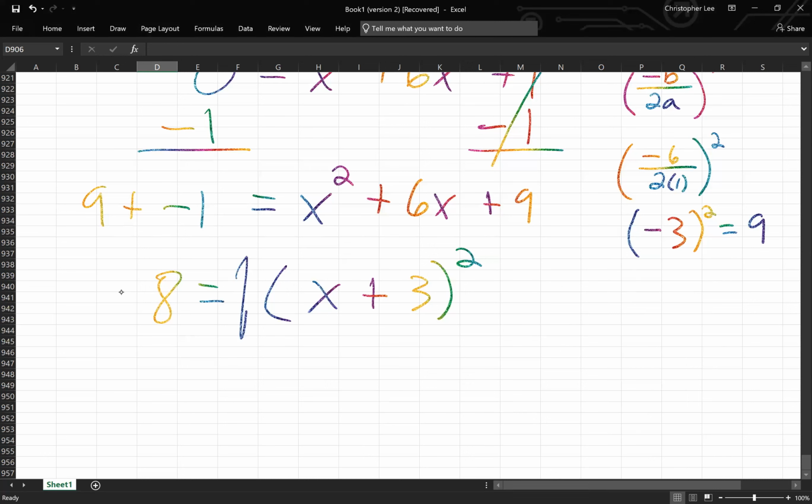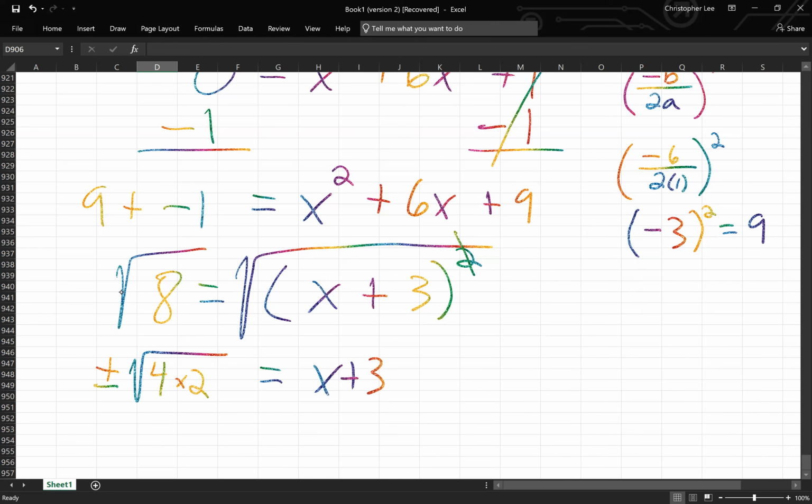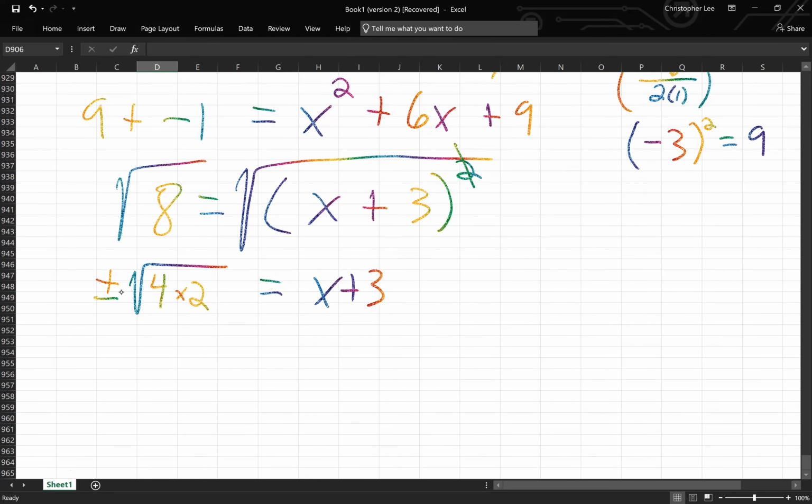So what do I do next? Square root it, right? Get rid of the square. What I do to one side of the equation, I gotta do to the other side. So the square root of 8 becomes what? Close. Let's start off with the square, I mean with the 4. So it's 4 times 2, equal to x plus 3. And then the square root of 4 is 2. So now we're talking. So plus or minus 2 square root 2 is equal to x plus 3.